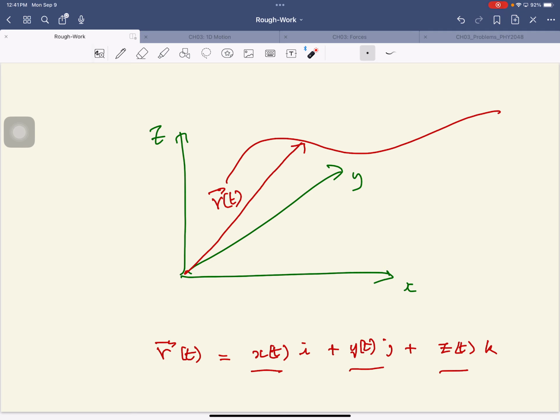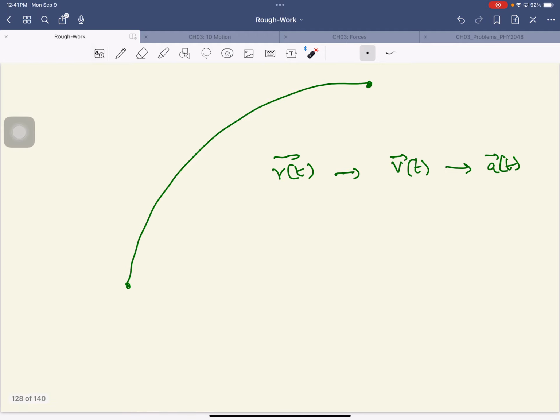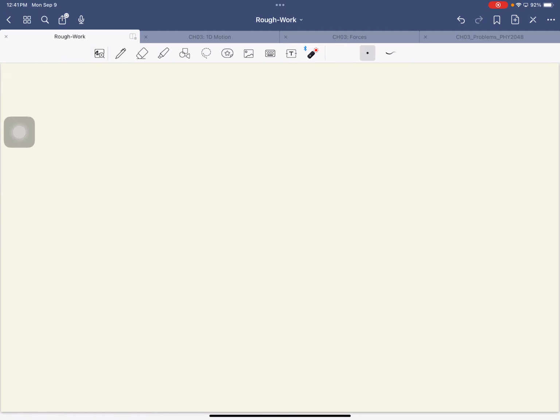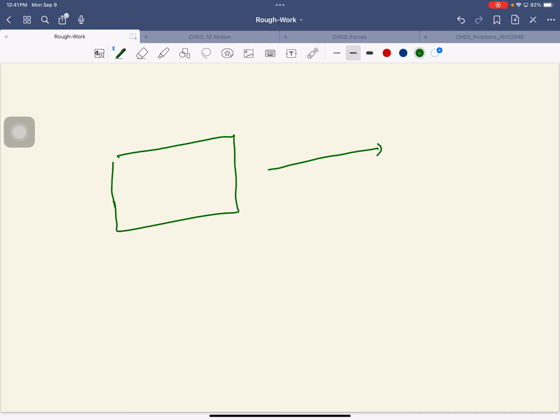All right. Here's one more thing in our description. In life we don't deal with point particles. So right now we are going to describe motion of an extended object like this.